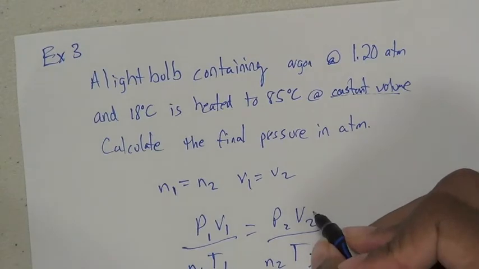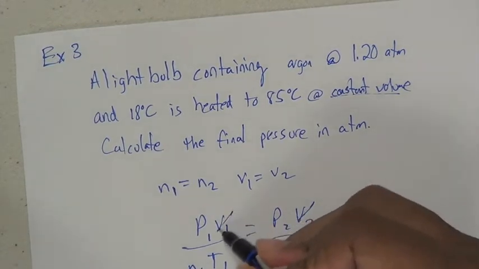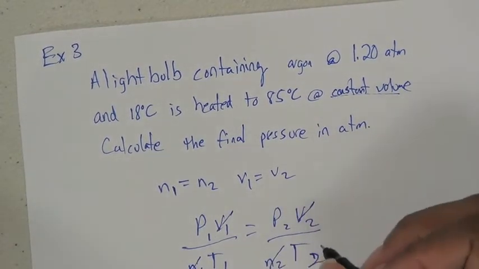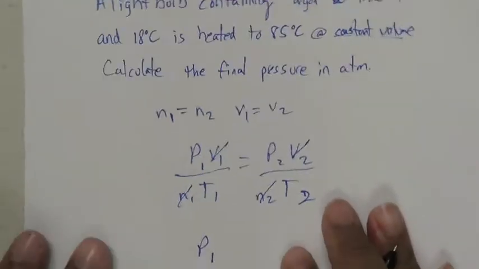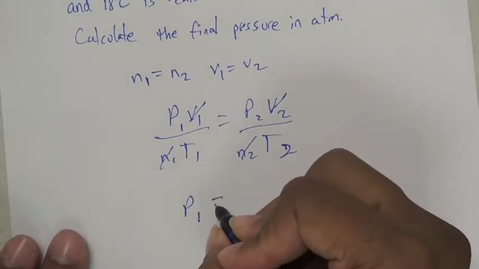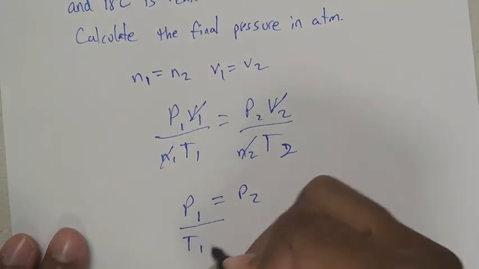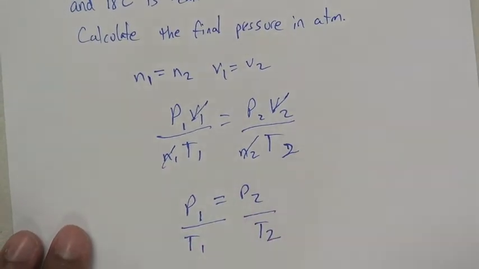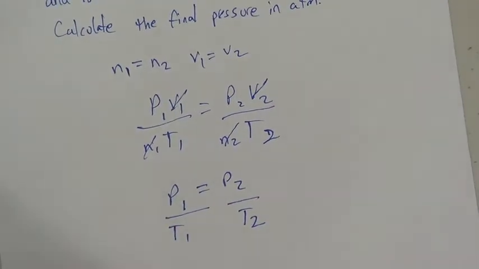Volume is the same and the moles are the same, so we can remove these. So now we have P1 over T1 is equal to P2 over T2. Now we go back and plug it in.